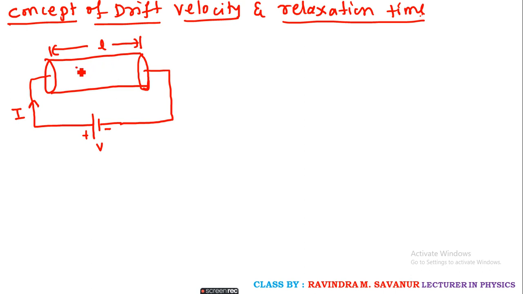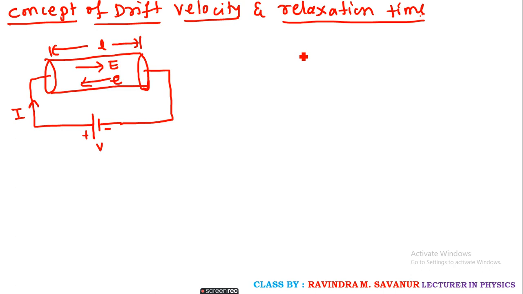Here, in this direction the electric field E moves, and in the opposite direction the charges move. Now try to understand, students. A conductor has a large number of free electrons.